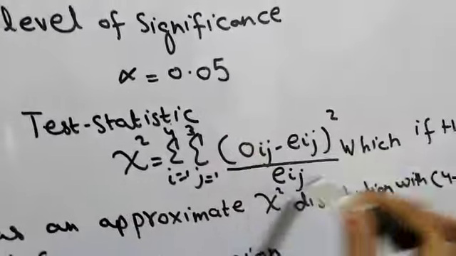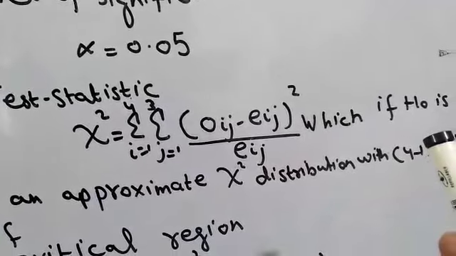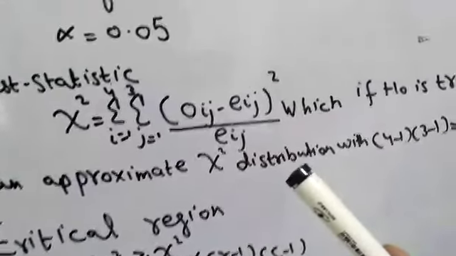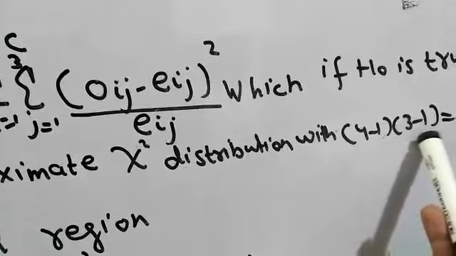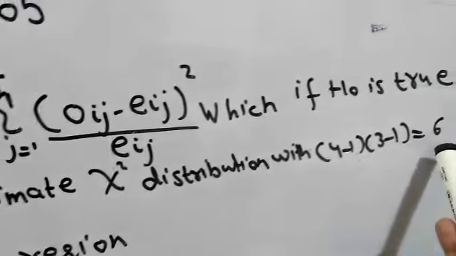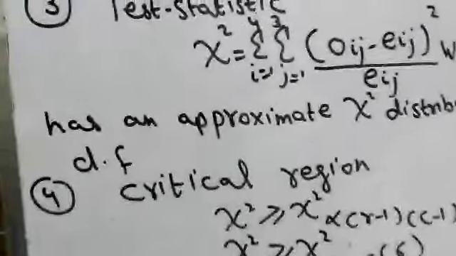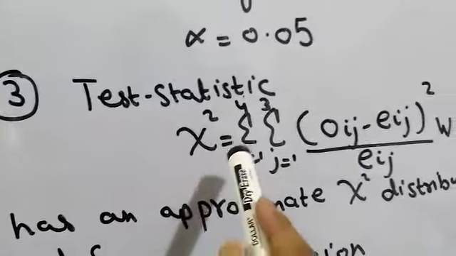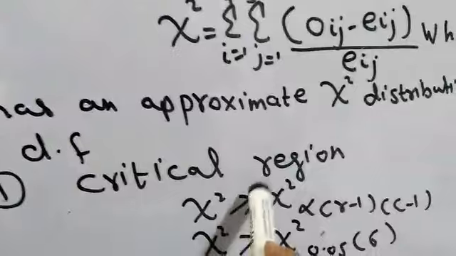This expression is chi-square. It follows the chi-square distribution if H naught is true with R minus 1 into C minus 1 degrees of freedom. Here the degree of freedom is 6. We have to calculate this chi-square value. Next is the critical region.